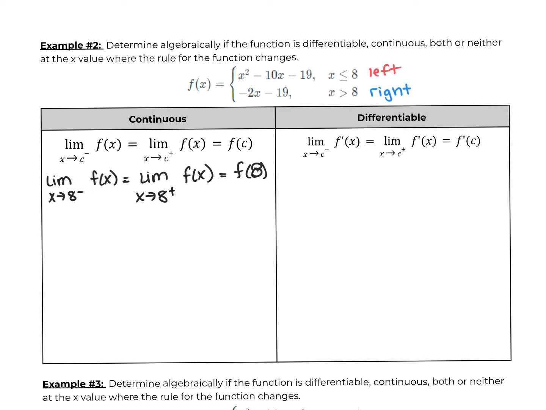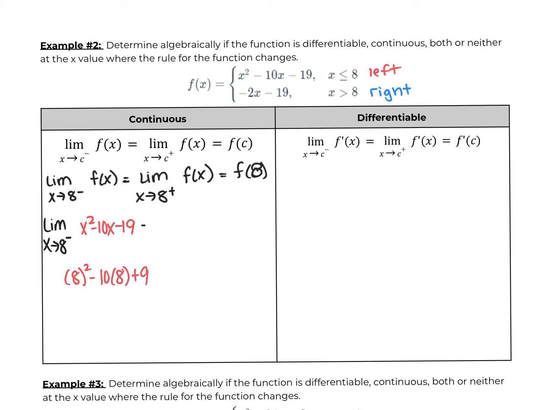So the limit as x approaches 8 from the left of f of x. Well, you could write down f of x if you want. So you can make this x squared minus 10x plus 9. And we need to take the limit as x approaches 8 from the left. So we're going to plug in 8. So 8 squared minus 10 times 8 plus 9.